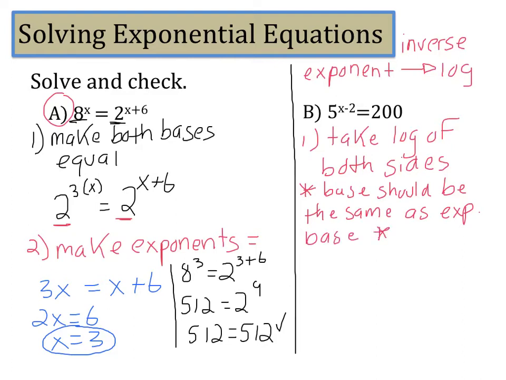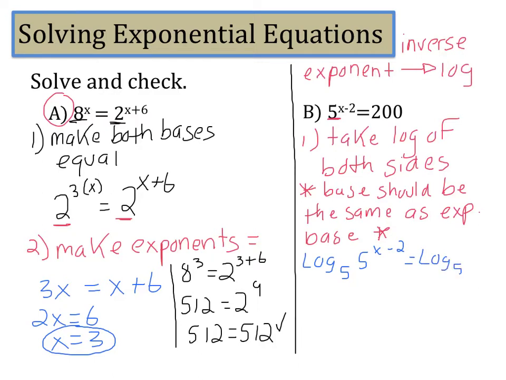So what I mean by that is here we should take log base 5, because that will eliminate that 5. And that will be good because then we get the x minus 2. So what we want to do here is log base 5 of 5 raised to the x minus 2. And we did it on this left side, so we want to do it on this right side too.